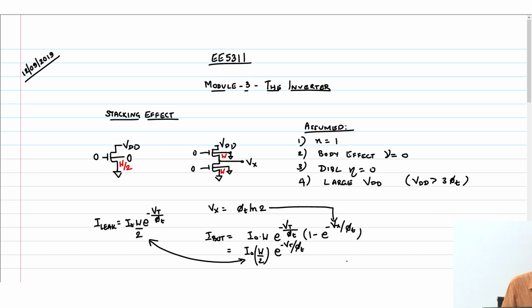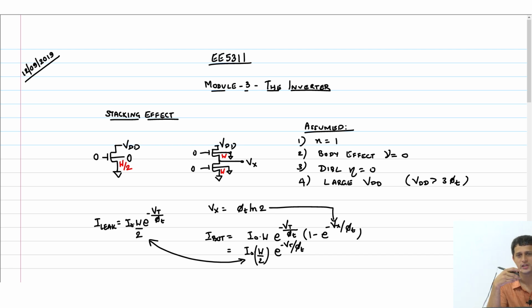So putting two transistors in series is like adding two resistances. If a width W gives you a resistance R, then the net resistance in series will be 2R, which is equivalent to a width of W by 2, right? So that's the basic idea here.